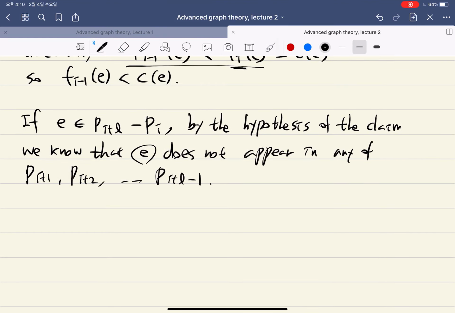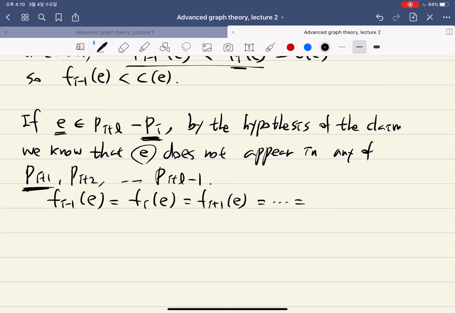Why is it important? It's important because this means that e is not even in pi, so its value is not changed once we augment the flow by using pi. And its value also stays the same once we augment by pi plus 1, all the way to here, and then its value is the same as in f sub i plus l minus 1.